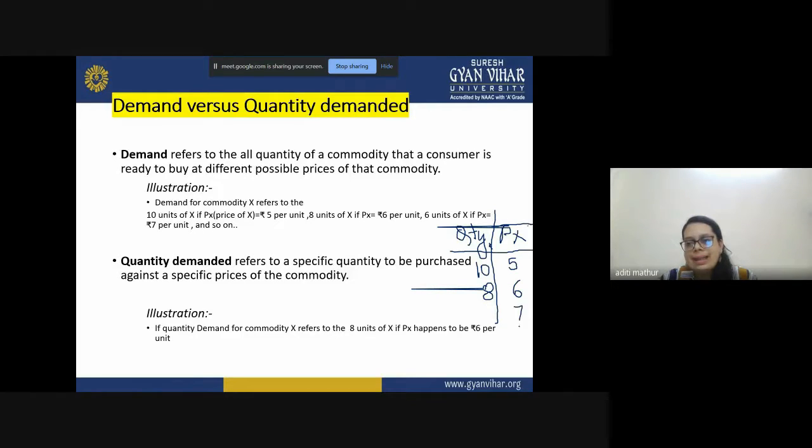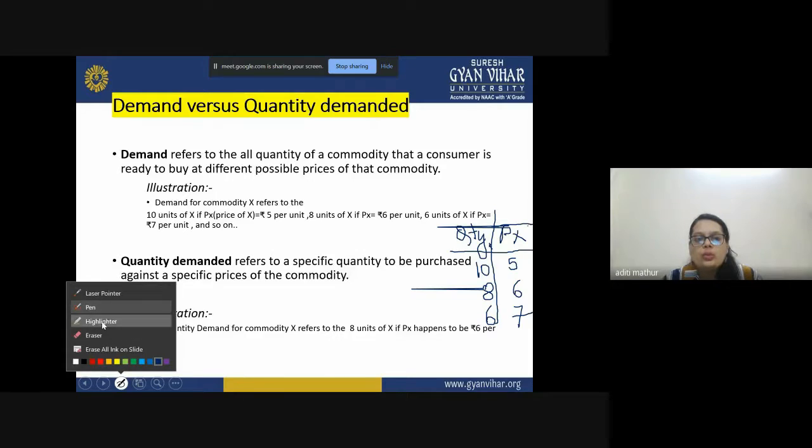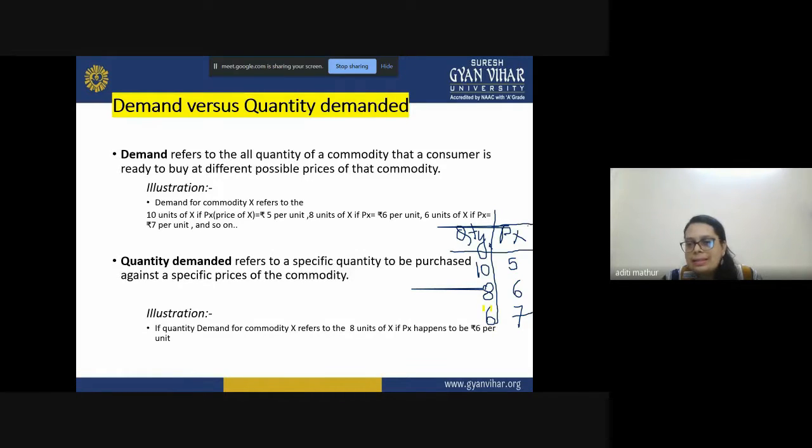At 7 rupees per unit, I might only prefer to have 6 units of the commodity X. So whenever I am referring to a specific quantity at a specific price, this 6, when I'm going to buy at the price of 7 per unit, is known as quantity demanded.